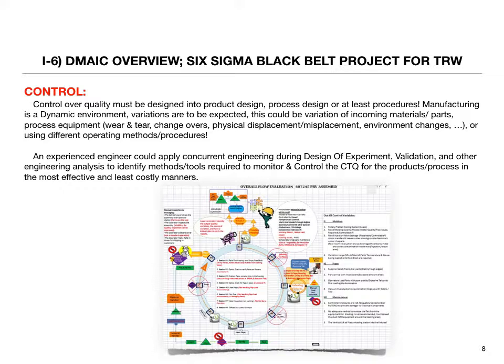An experienced engineer could apply concurrent engineering during design of experiment validation and other engineering analysis to identify methods and tools required to monitor and control the CTQ for the product process in the most effective and least costly manner.